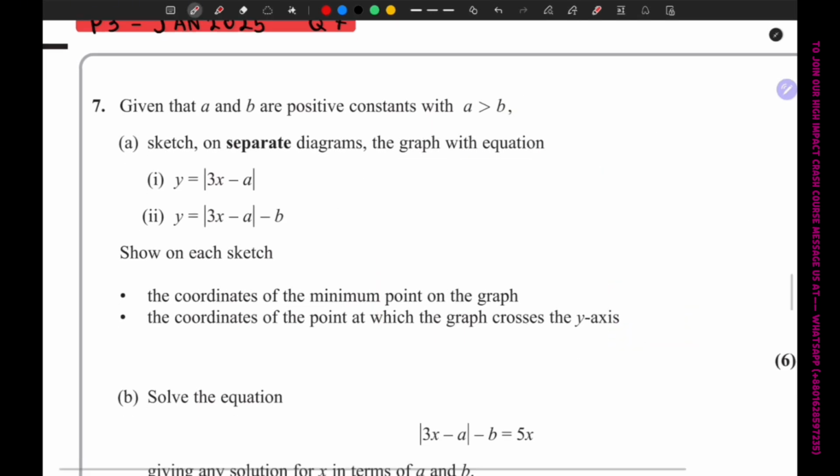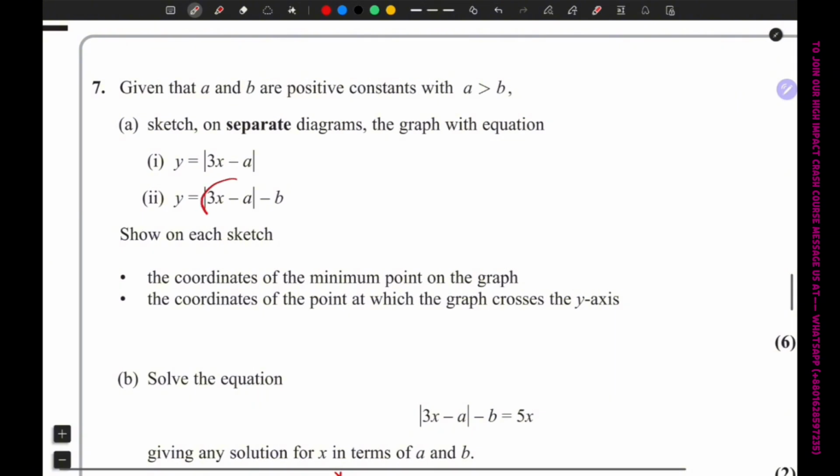Now for the second graph, let's first find the coordinates of the vertex of this graph. So the vertex will be where 3x minus a equals 0. This is basically the same thing, which is x equals a over 3. Now when x is a over 3, we need to find the y coordinate.